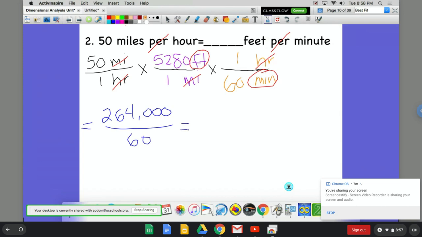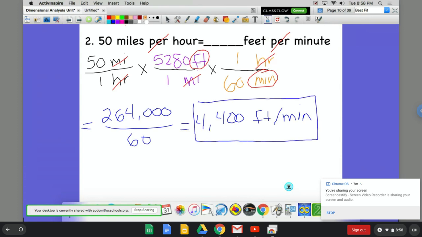So 264,000 divided by 60 is going to give us 4,400 feet per minute. And that is your answer.